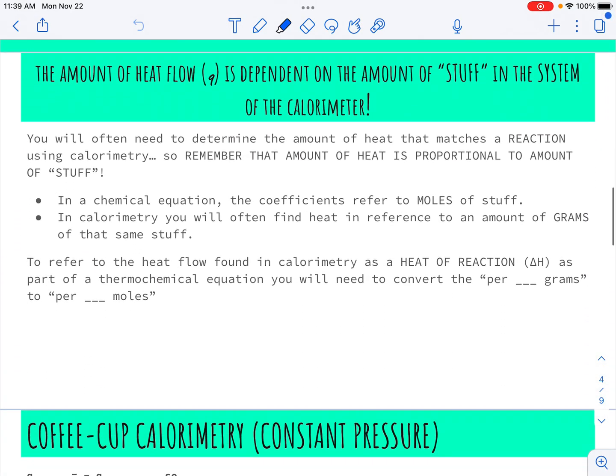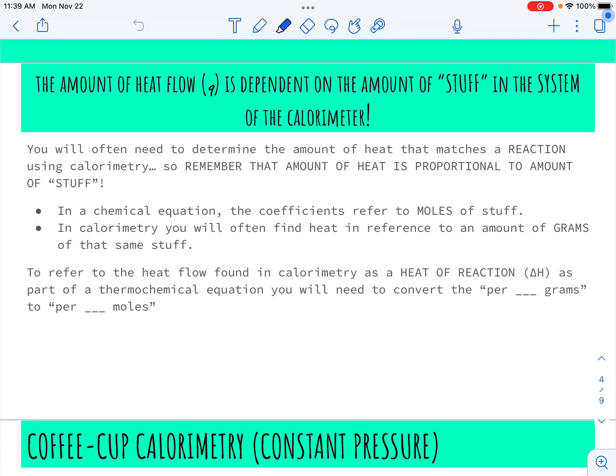Okay, so the first thing that I want to stress for you about calorimetry, regardless of the type of calorimeter that you're using, is that we have two things that we need to consider. The first is that the amount of heat flow that we measure in calorimetry is specific to the amount of stuff that's in the calorimeter.